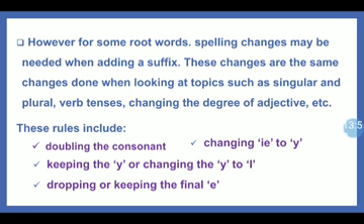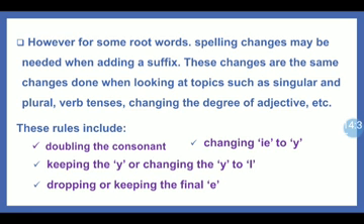So, some of these rules include doubling the consonant, changing the IE to Y. For example, tie, T-I-E, I tie my shoe lace. I want to change it because I did it yesterday. I tied it, T-I-E-D. Okay?